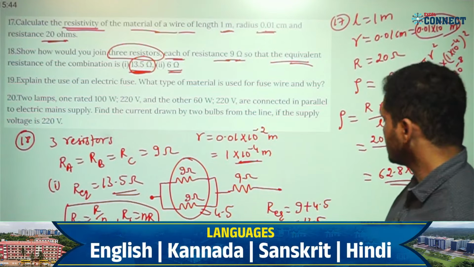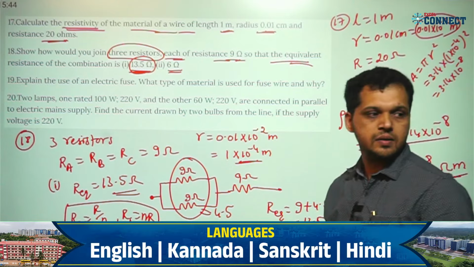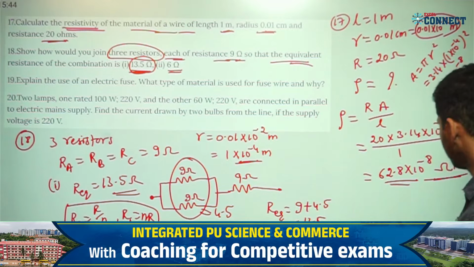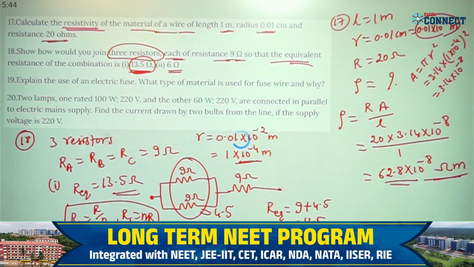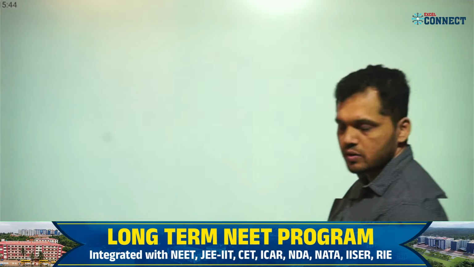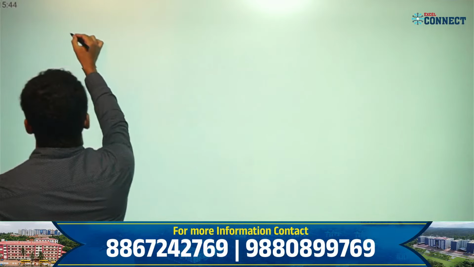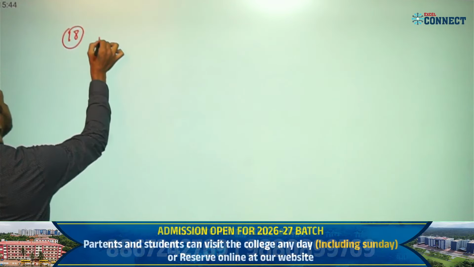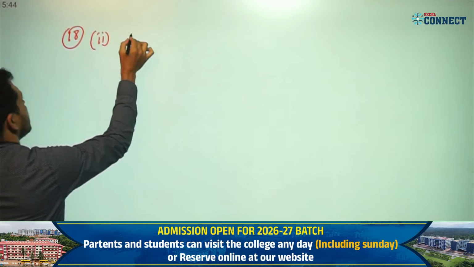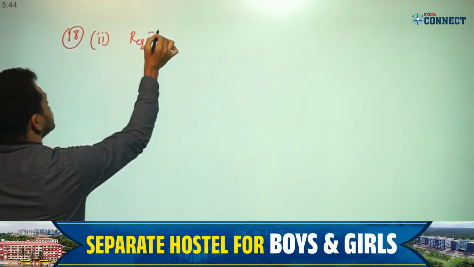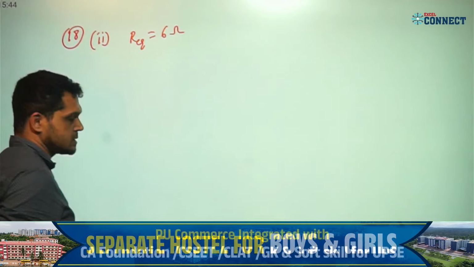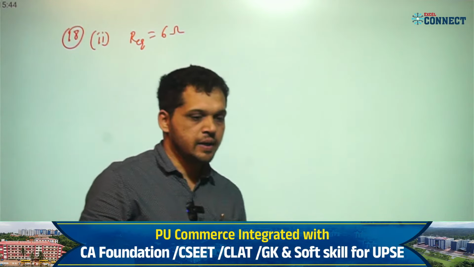How to connect? The question is the same, 18th question, second part. R equivalent should be 6 ohm. Is it clear? Try how to get it.